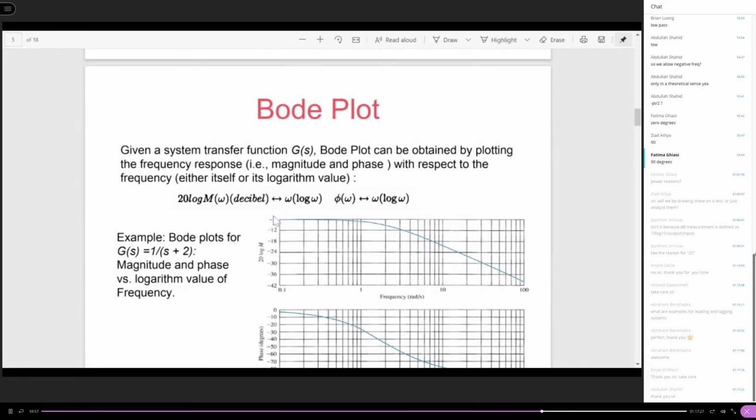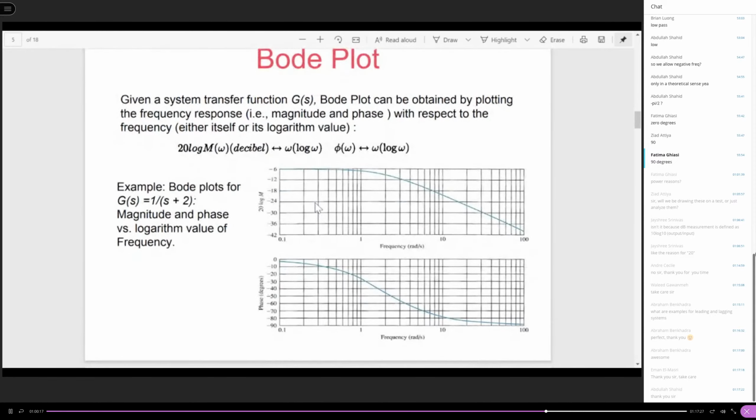The logarithm operation turns the product of two values into an addition of the log values. So you just need to know this is the advantage that we're going to take.